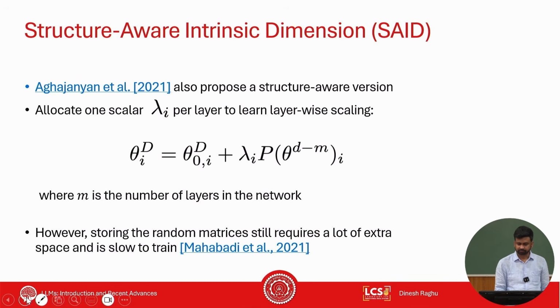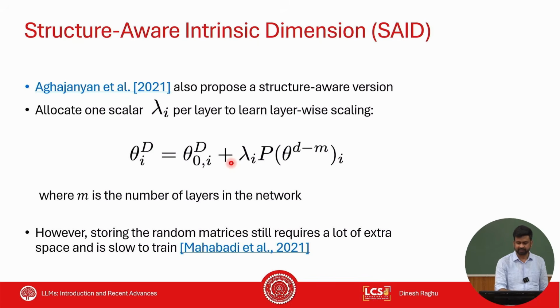What they said is that I will do it layer-wise. I will represent the theta layer-wise rather than having the entire network. If you have 24 layers, then you divide them into 24 different vectors, and the dimensionality of P comes down drastically. And then there is also a scaling factor that they add for each update, and these scaling factors are different for different layers.